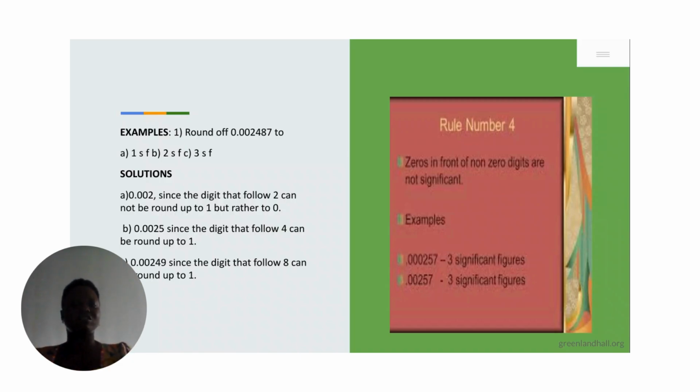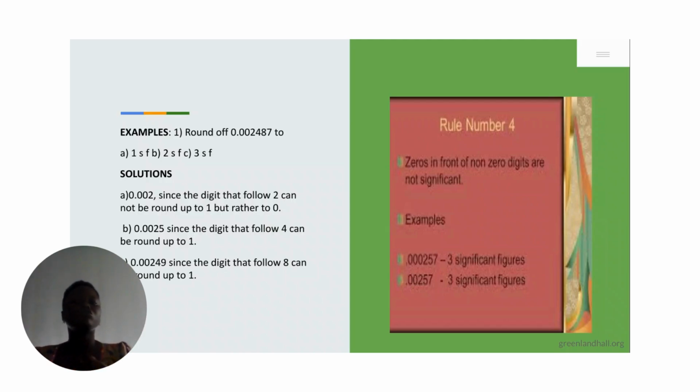Now, to one significant figure is going to be 0.002, since the digit that follows 2 cannot be rounded up to 1, but rather to 0, which means we discard it. Then our one significant figure of that number will be 0.002, because the zeros that come before 2 are not significant.